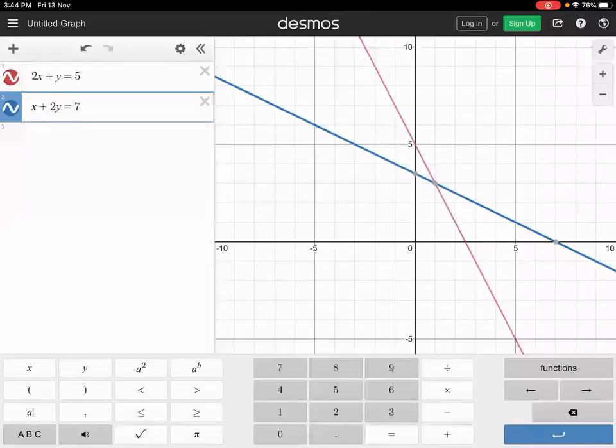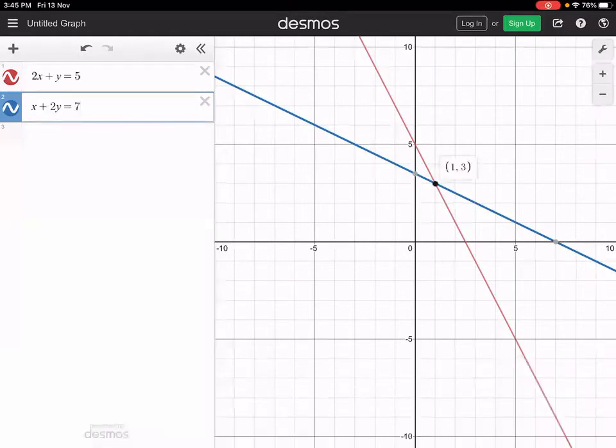Any problem in that? So by using the application Desmos, I have drawn the graphs of 2x plus y is equals to 5 and x plus 2y is equals to 7. Now you can clearly see the two lines that have been drawn on the graph. The red line shows 2x plus y is equals to 5 and the blue line shows x plus 2y is equals to 7.